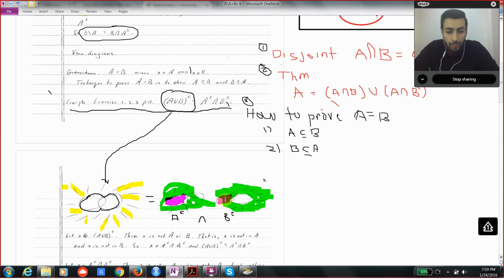To be in the intersection, it has to be in both sets, right? So this portion is in this set, but it's not in this set. So when you take the intersection of these two, you end up getting everything outside of the union.